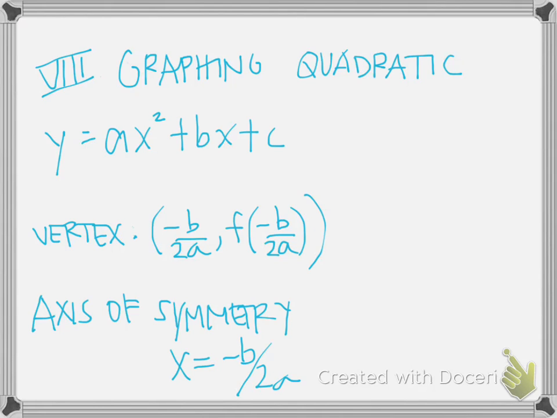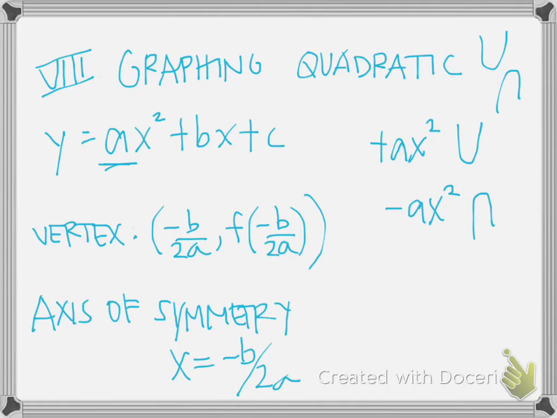A quadratic is always a parabola, so it's going to open up or it's going to open down. If the a is positive, then it's going to open up. If it's negative, it's going to open down.